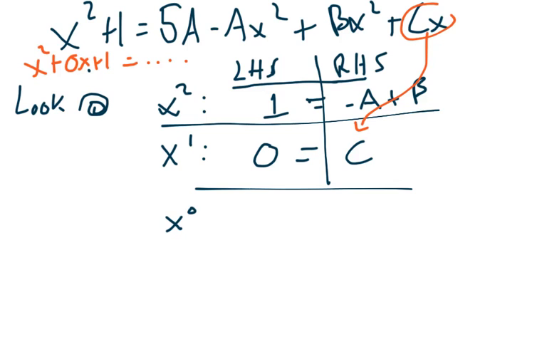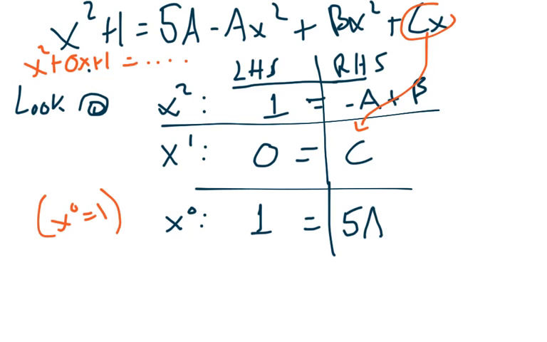Then for my x to the 0 terms, on the left-hand side I have 1, and on the right side I have 5A, and that's all.